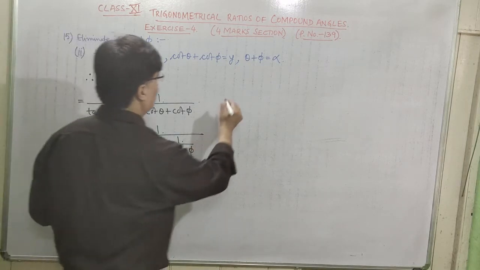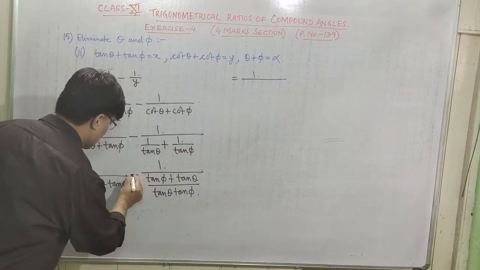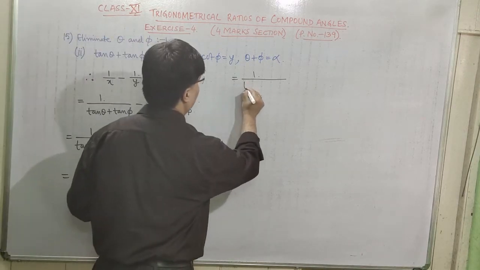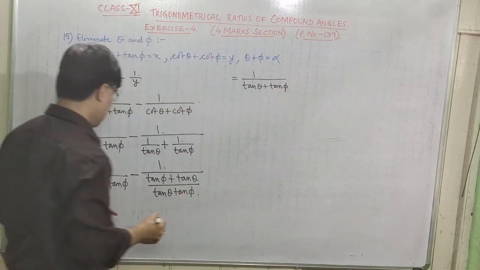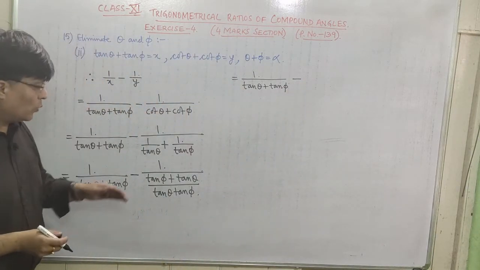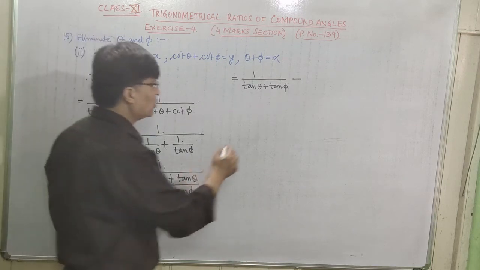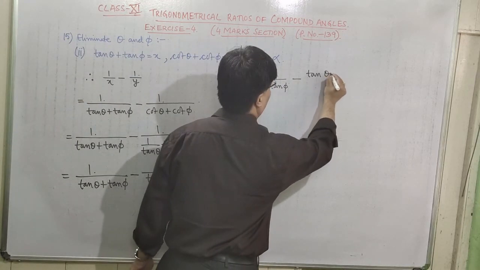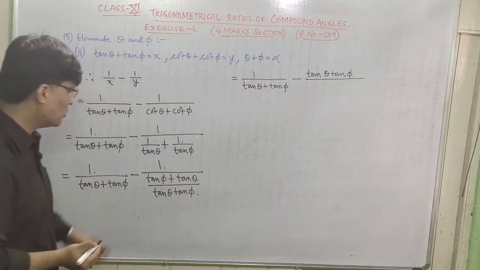So in the next step, which is equal to 1 upon tan theta plus tan phi, right? Then minus, now let's simplify this second term. When you take this denominator to the numerator, it becomes upside down. So numerator will be tan theta tan phi divided by, in the denominator what do we write?